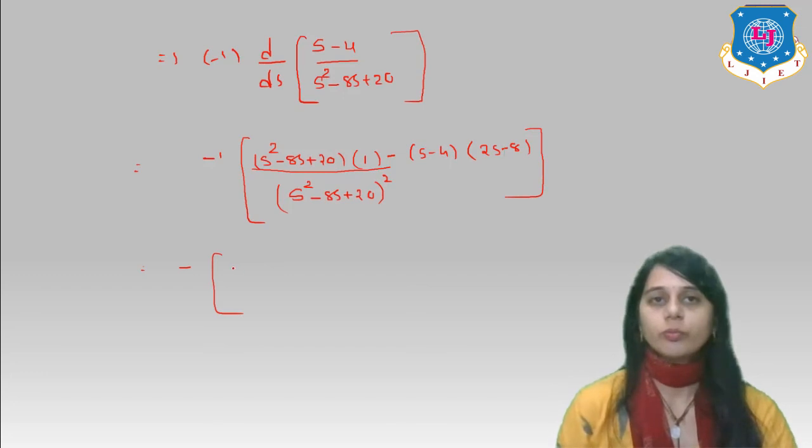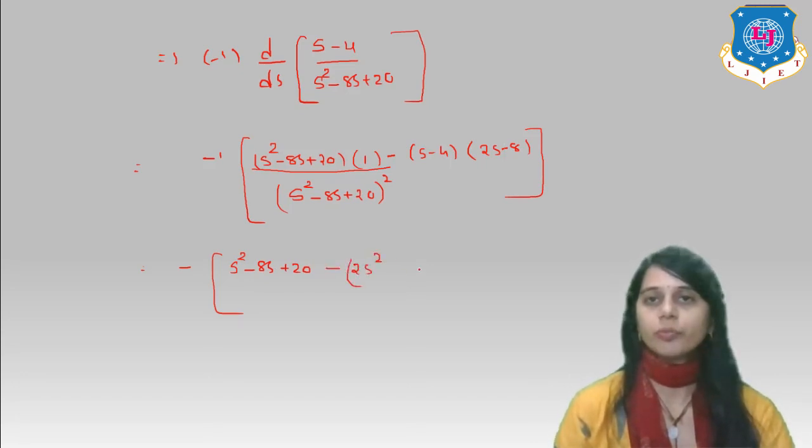Minus (s square minus 8s plus 20) into 1, minus 2s square minus 8s: s into 2s is 2s square, s into minus 8 is minus 8s, minus 4 into 2s is minus 8s, minus 4 into minus 8 is plus 32, upon (s square minus 8s plus 20) whole square.